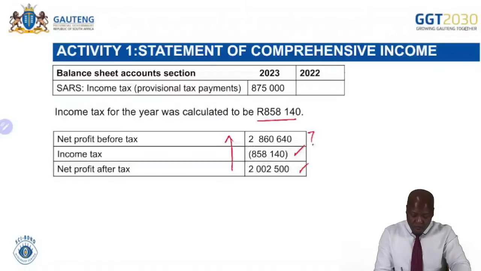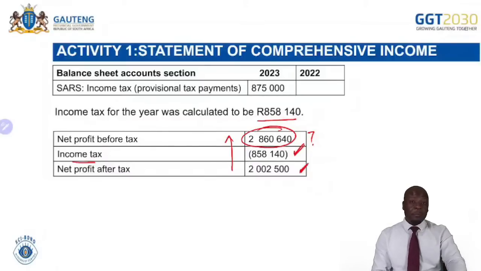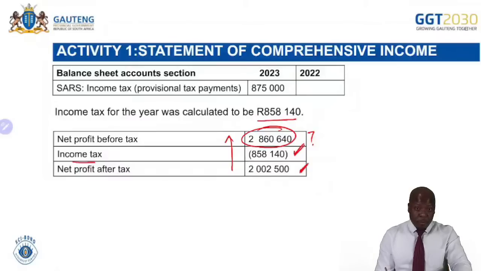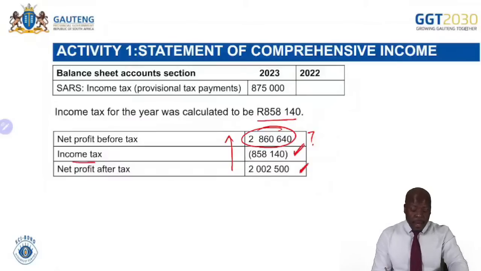So what we then do, we change the sign of this income tax. Hence, you will now say 2,002,500 plus the 858,140. That is how you end up with your 2,860,640.